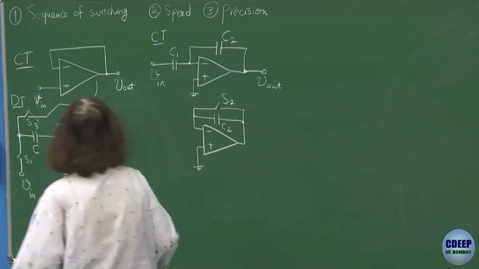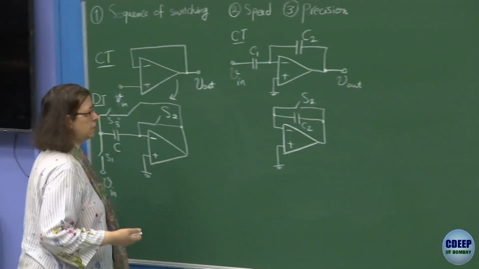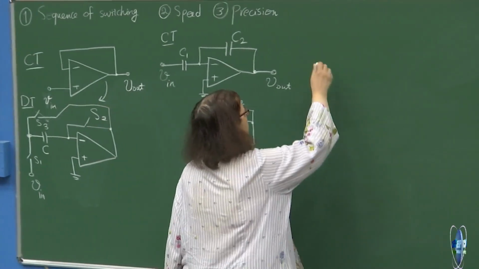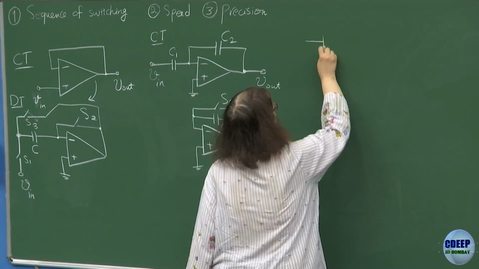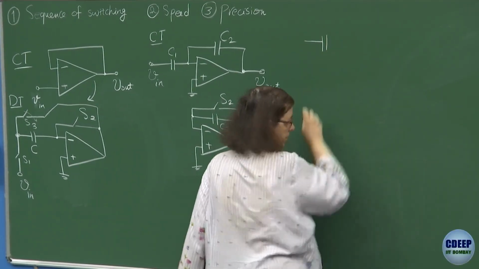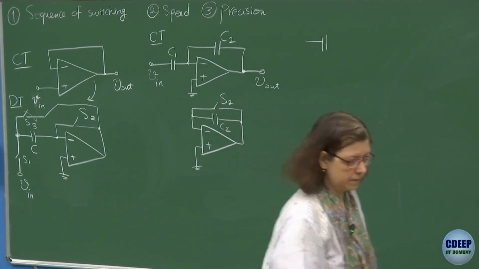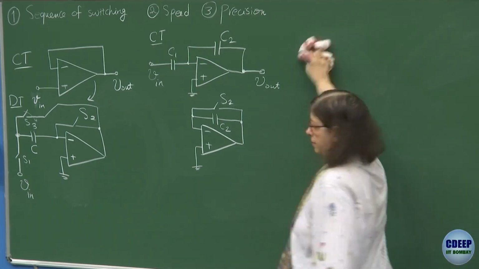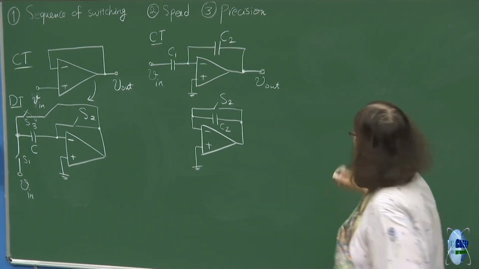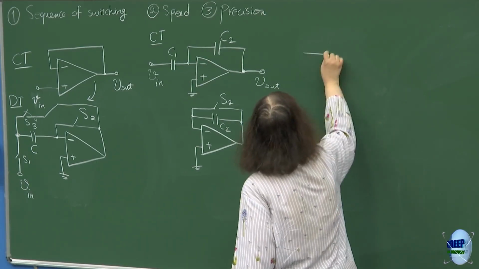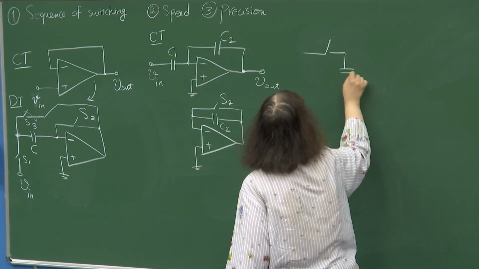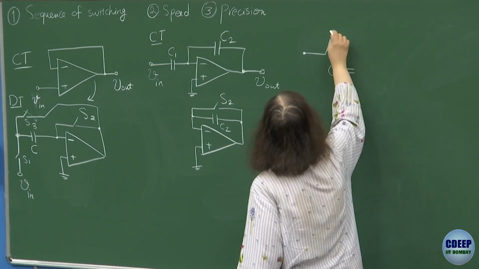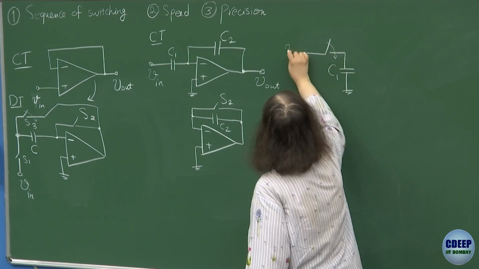Now, see, one way of course would be the way we had in the sampling. Suppose I put a switch, C1, and this is Vin.